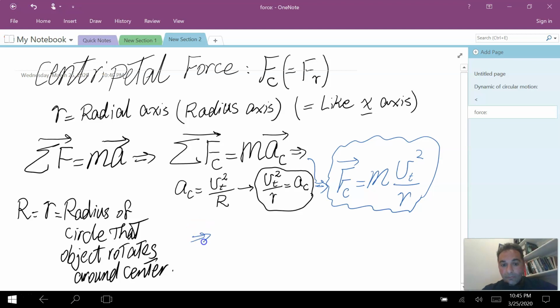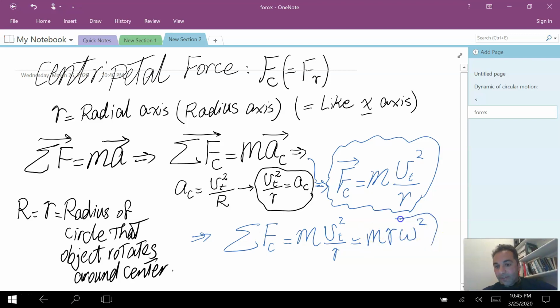Or what we can write, the total force on the radial axis is equal to m Vt square over r, or we can write it m r omega square.